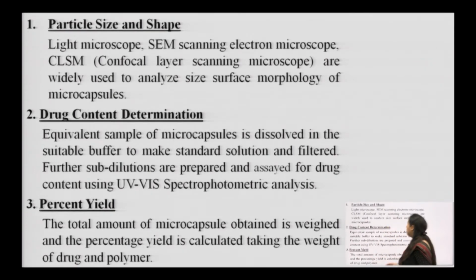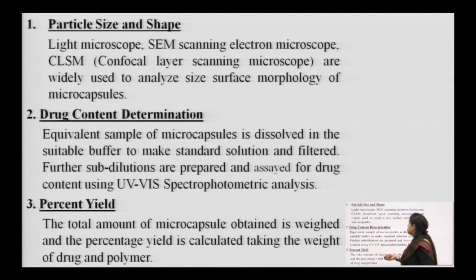So, in drug content determination, an equivalent sample of microcapsules that you have prepared in your lab is dissolved in a suitable buffer. As I have told you, if you are making it for gastric delivery, then you will take the gastric fluid, otherwise you will take the phosphate buffer of varying pH based on your route of administration.